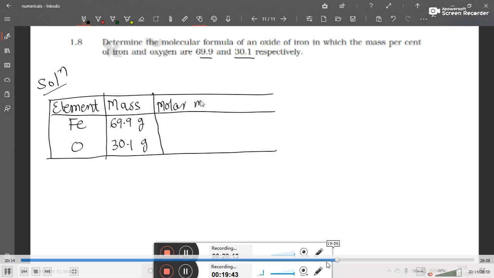So first of all, we have to make a table. Elements are iron and oxygen. Mass given are 69.9 gram and 30.1 gram. Molar mass of iron is 56 and oxygen is 16.